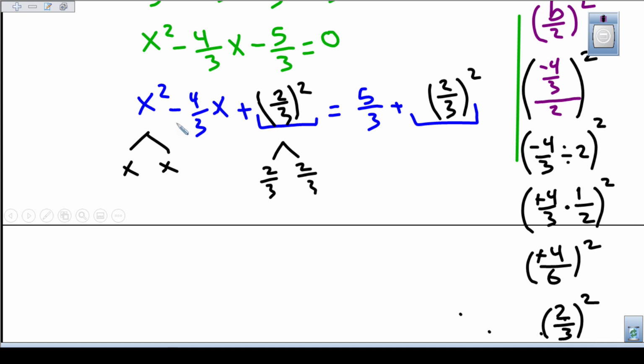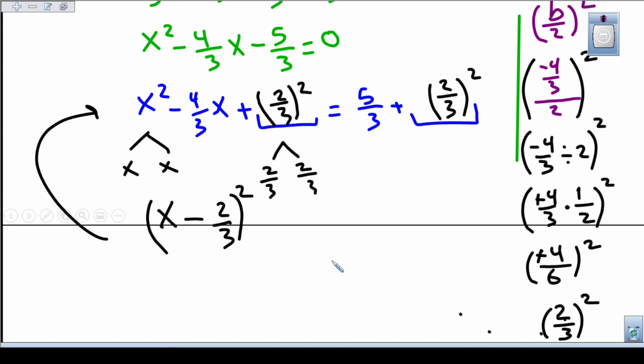So basically what you see here is one term, which is x minus, I just borrowed the negative from here. And then the second term, 2/3. That thing is being squared to give you this amount at the top. If you don't believe me, it's okay. Go to the warm-up and do this twice. You're going to multiply this by itself twice. You will end up with what you see at the top here.